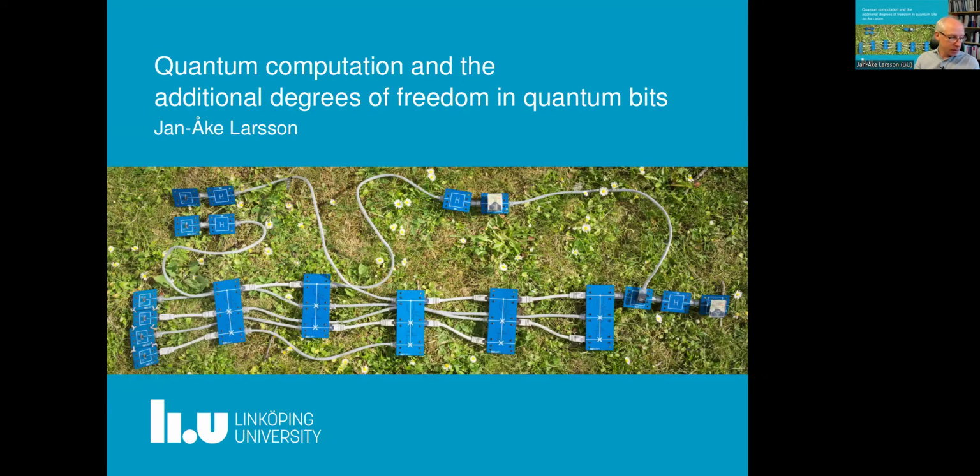So the picture on screen is actually a classical machine that runs a quantum algorithm. And the reason that this would work is that we have managed to understand what makes the quantum algorithm actually work. And I will try to explain how that is possible.